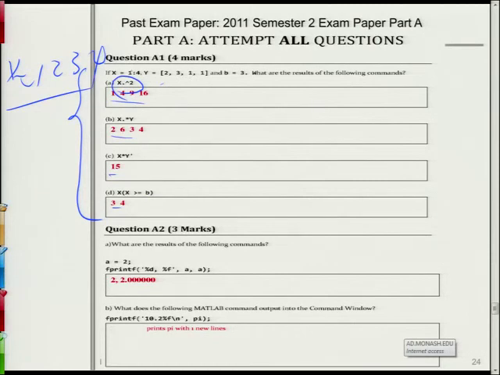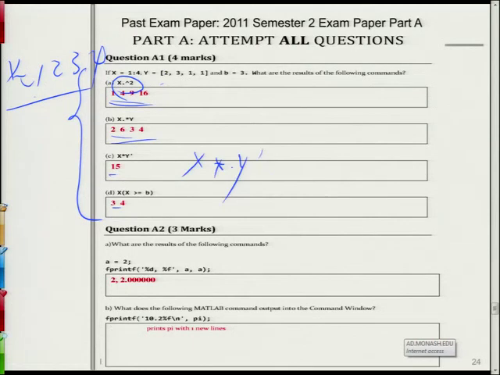So x is 1, 2, 3, 4, and each one takes the power of 2. That's what you get. The second question is x dot multiply y, so x multiplied by y element by element. That means 1 times 2, 2 times 3, and so on. Here is what you get.